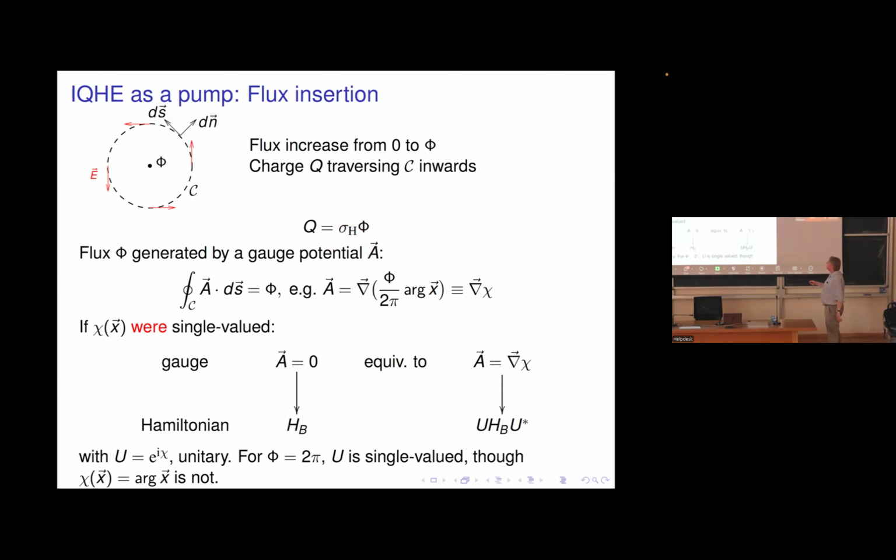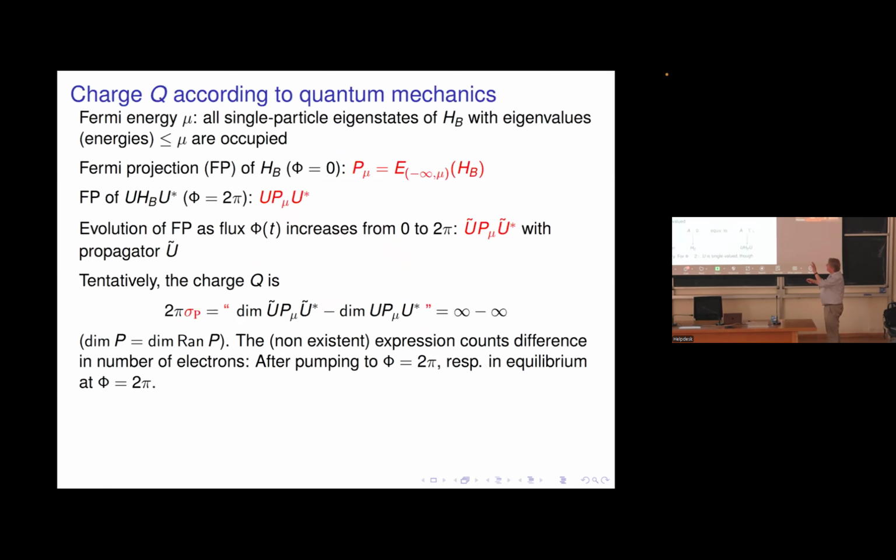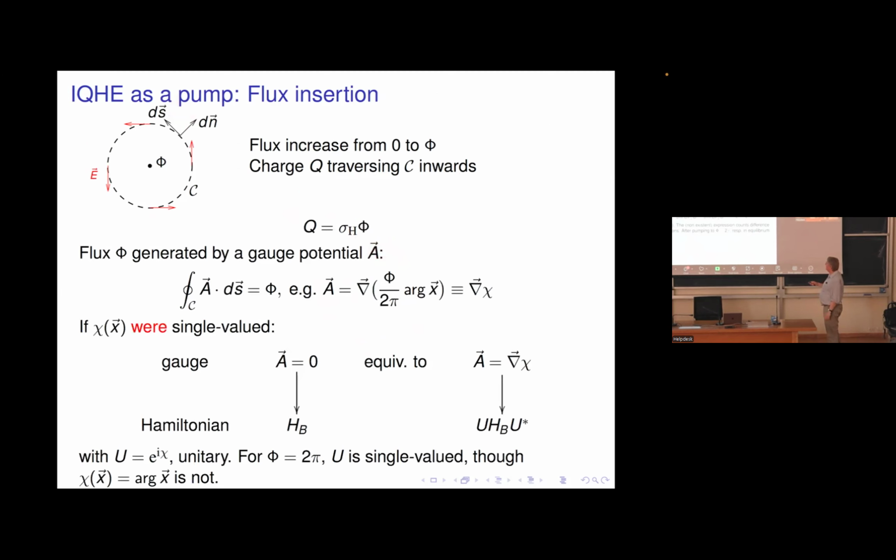So if the flux is generated, so let me say this. Anyway, you have a magnetic field that you need in order to have the quantum Hall effect, and that's all over the place. I'm not talking about that. I'm not talking specifically about the additional flux that has been placed.